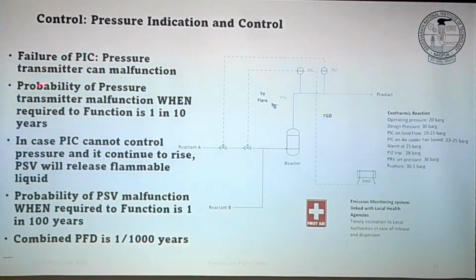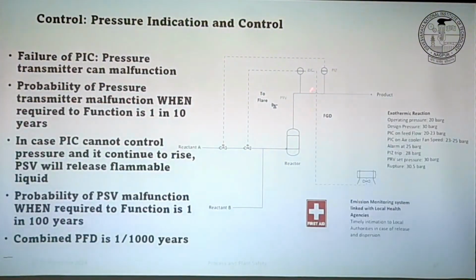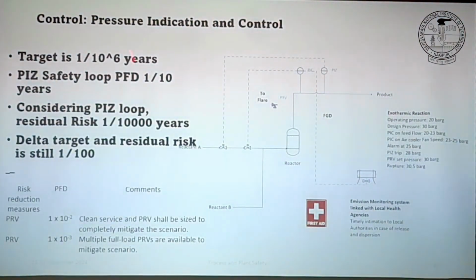So for example, the probability of the pressure transmitter malfunctioning or not working when required is 1 in 10. Right. So if I combine for this example all our layers, PIC, PSP not working is 1 in 100 years. So the combined probability of failure and demand is 1 in 1000 years, that is 10 to the power minus 3. Right. My acceptable risk was 1 in 10 to the power 6 years.